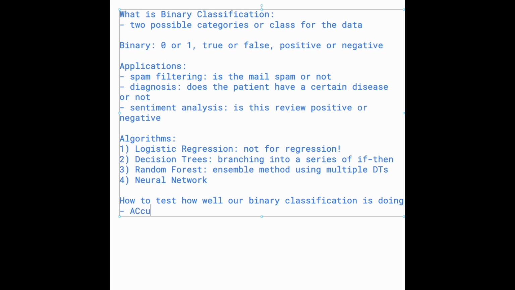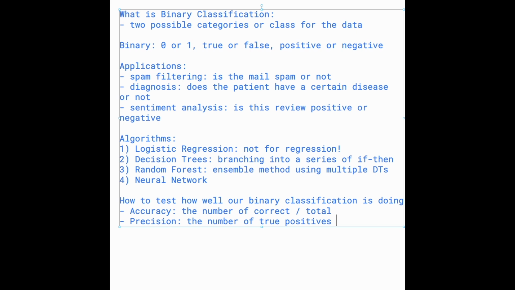We can look at the accuracy. It's simply the number of correct predictions to total, just a simple percentage. Precision is the number of true positives among all positives.